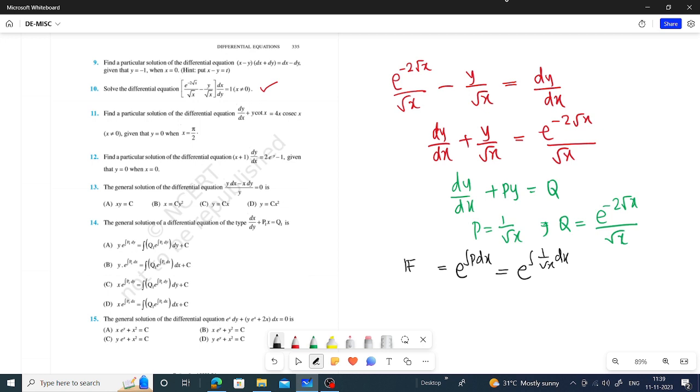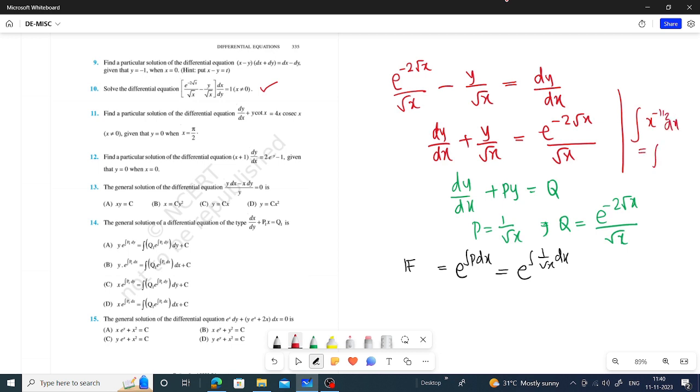Now what is the integral of 1 by root x? 1 by root x means x raised to minus 1 by 2, dx.